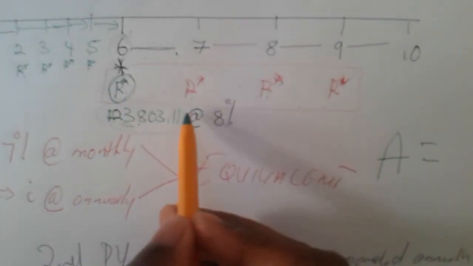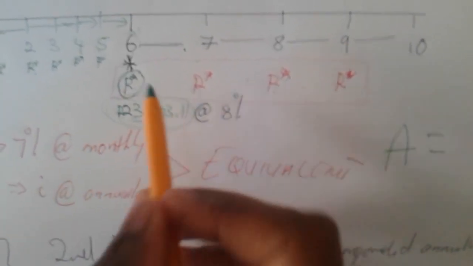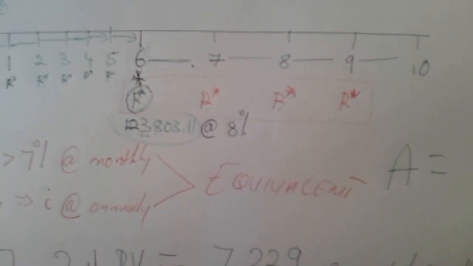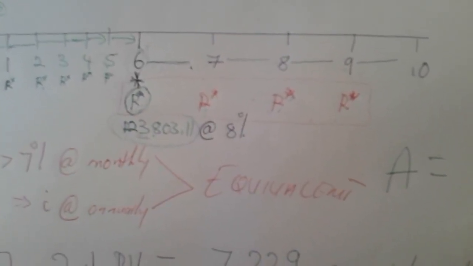5. If your first payment is here, where is your PV on this timeline? With the PV. If your first payment is at the end of year 6, where is your PV? 5. At the end of year 5. Remember we said 1 period back. So 6, you go back to 5.